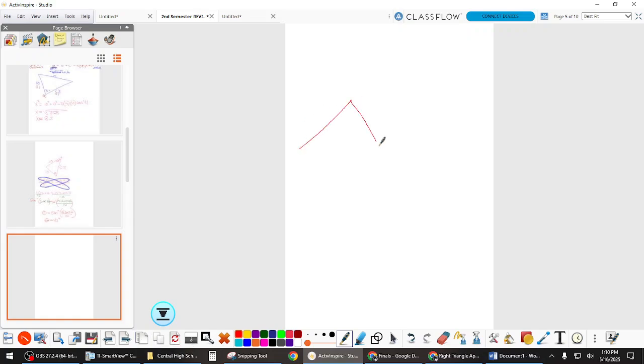Let's say I have some triangle, and, come on, it's working. There we go. 50 degrees, 65 degrees, and I don't know where it's double. 60 degrees and 70 degrees. Let's do that.